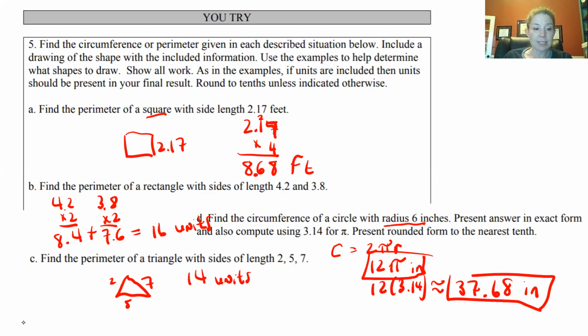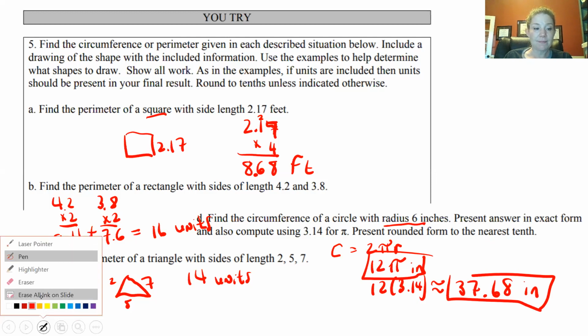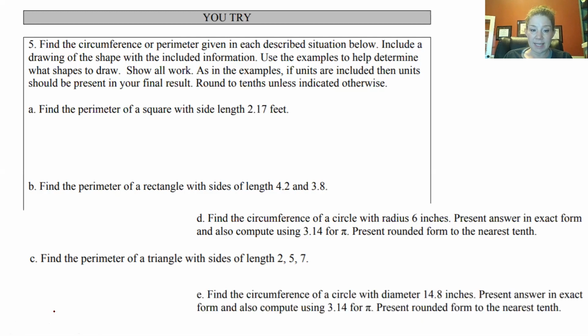All right, let me clear my screen here. And then letter E says, find the circumference of a circle with a diameter of 14.8. Present answer in exact form and also using 3.14. So letter E, the first exact answer would be 14.8 pi inches. That's the exact form.